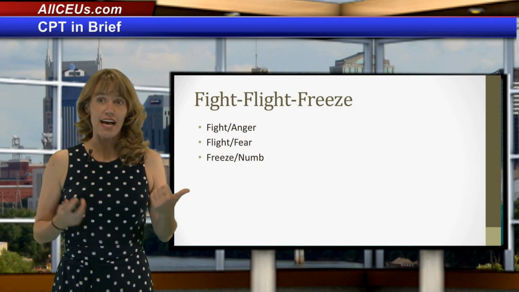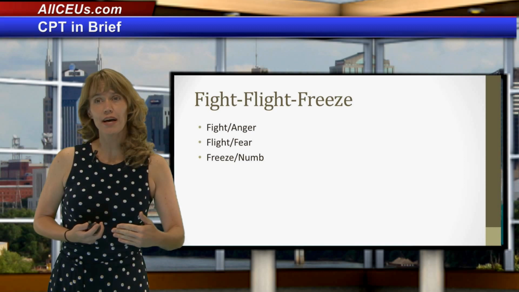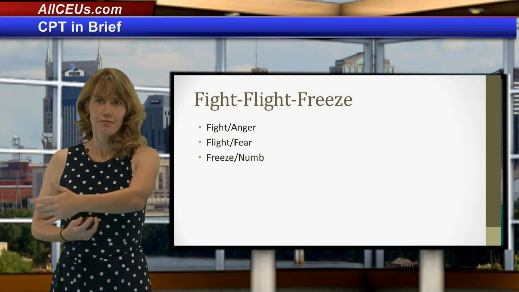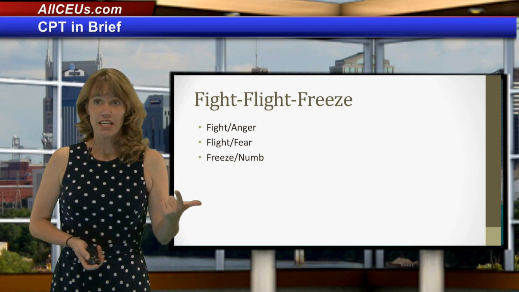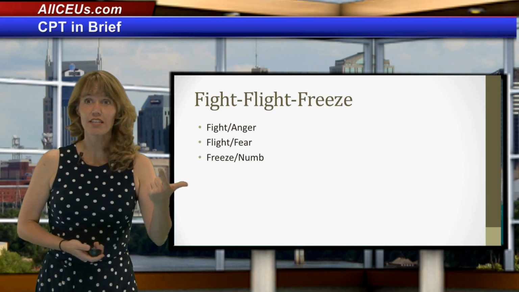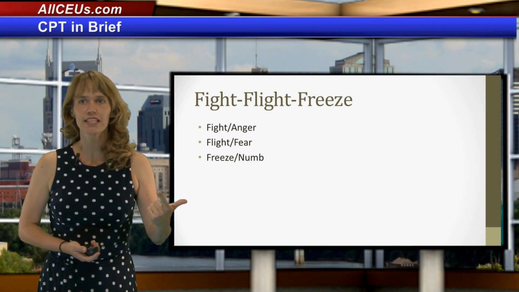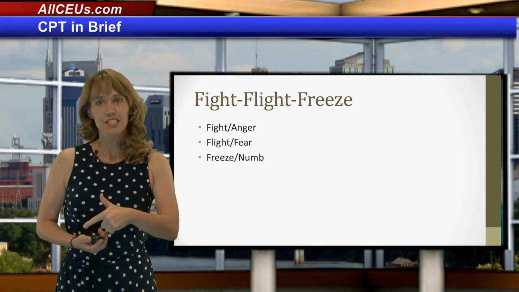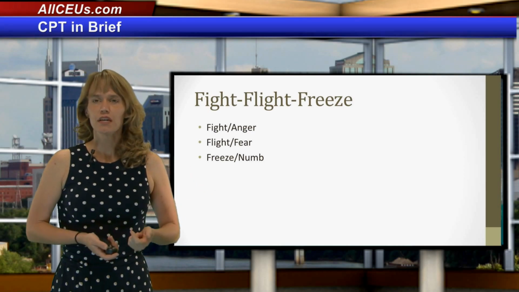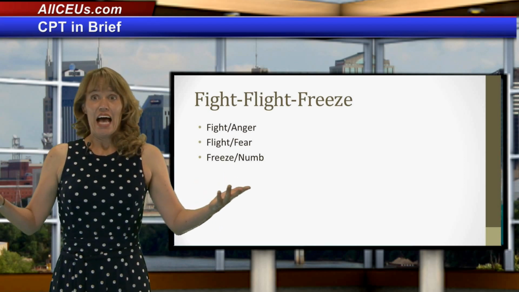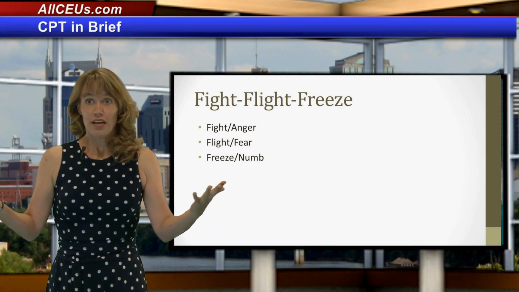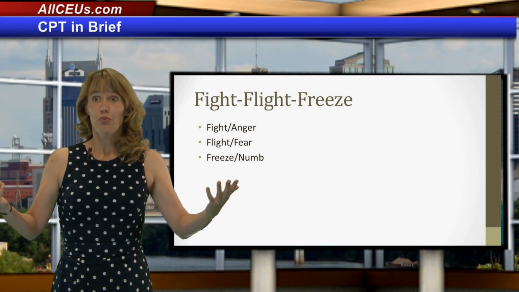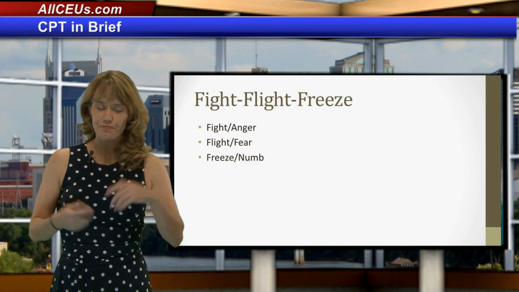That can come out as aggression. That can also come out as emotional anger. I am going to flee. I'm going to get the hell out of here because I can't fight, I can't win this, and I just can't take it anymore. It's overwhelming me. That's your fear and your anxiety. Or I don't know what to do. I don't think I can fight it. I don't think I can get away from it, so I'm going to freeze.